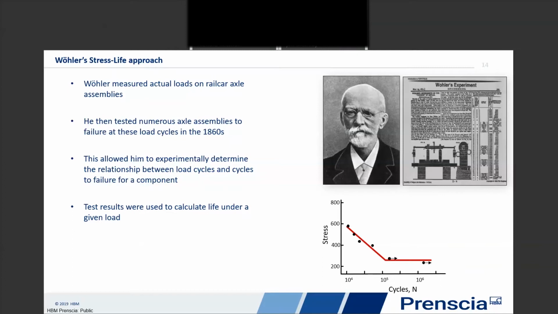Now, again, remembering what I had said, at this point in time, no one really had a clear understanding of what the physics of failure were. But just looking at the empirical relationship between load cycles and fatigue life, they were able to create the fatigue curves and do design.